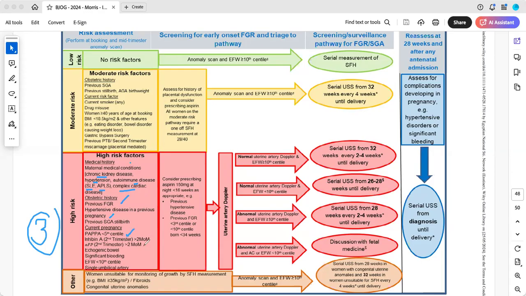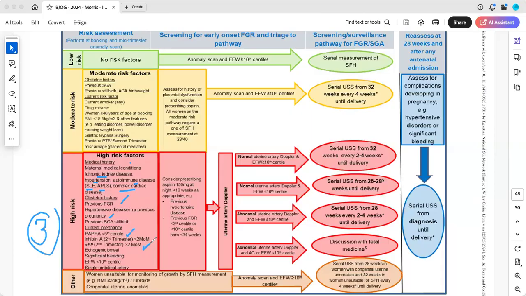Right? Or the alpha fetoprotein, which is also another serum marker. In the second trimester, if it is measured, like in the quadruple test, for example, and you find that it's more than 2 MoM, multiples of the median. So a high value of alpha fetoprotein, a high value of inhibin A, or low values of PAPP-A, that means high risk of small for gestational age, or FGR.